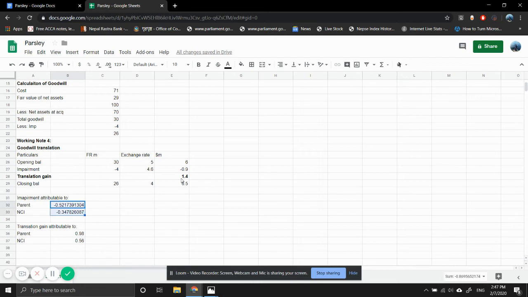All right, so this figure will be shown in OCI, right? And then this impairment will be recorded in SOPL.